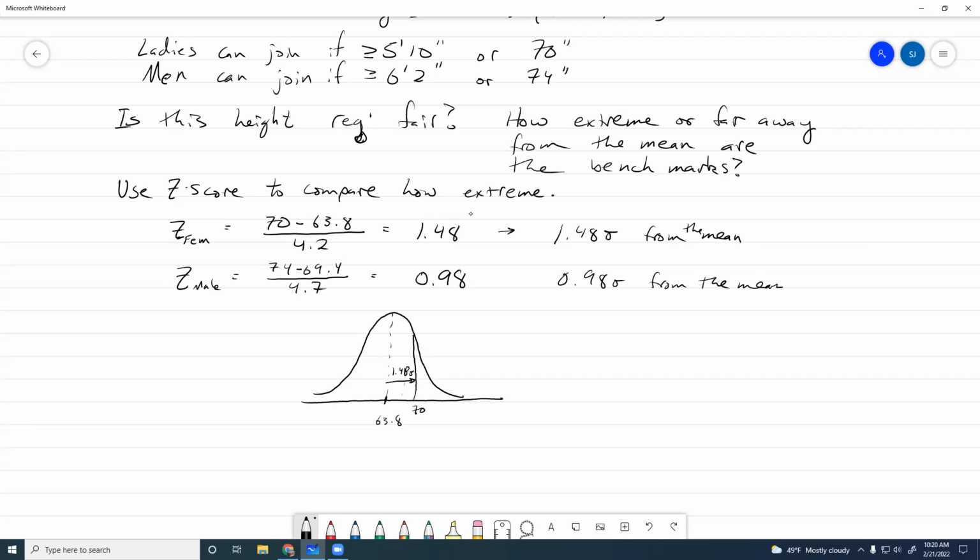So you have to be taller, quote unquote, as a lady from the distribution of the ladies' heights to enter this club. Why would that be? There's no statistical reason for this. I think it just came down to taller women having a harder time finding a partner, and so they made a different threshold.